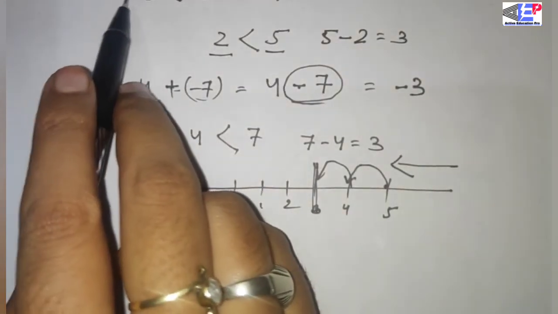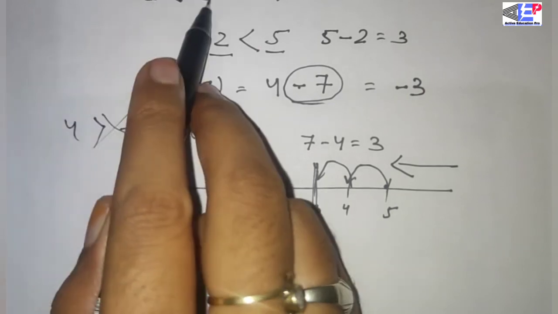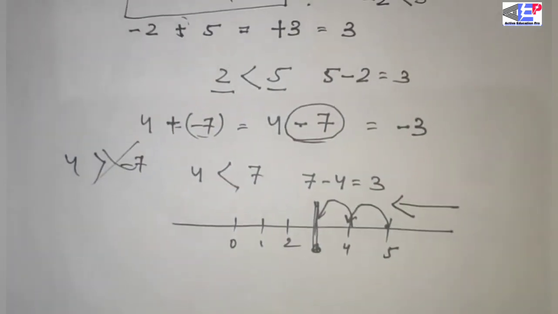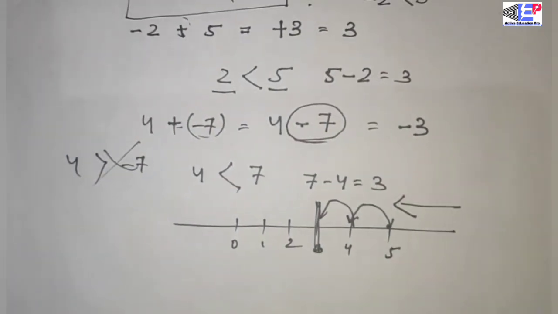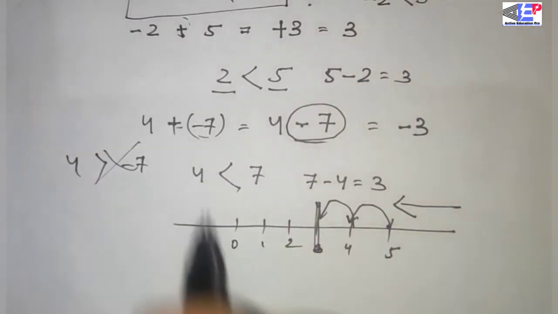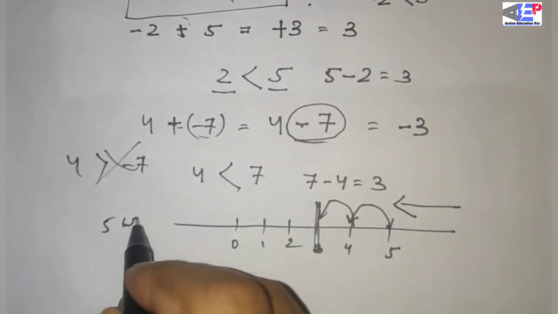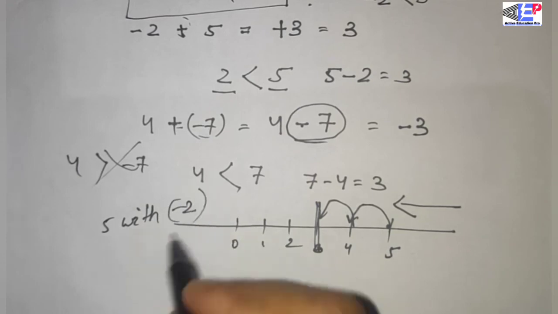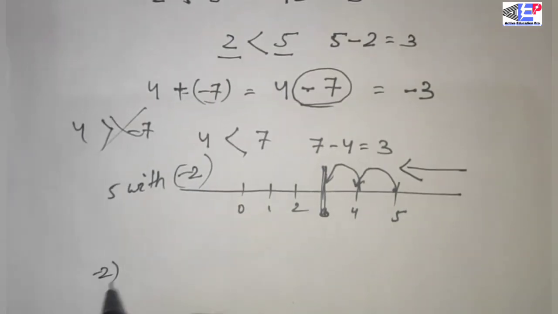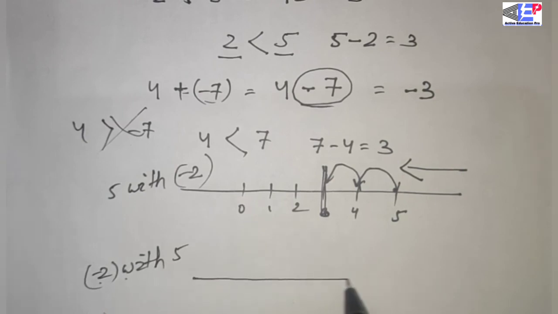If you add minus 2 with 5, you know addition is commutative. Integer addition is commutative. So here I added 5 with minus 2. Now in our second case I add minus 2 with 5. So draw a number line.